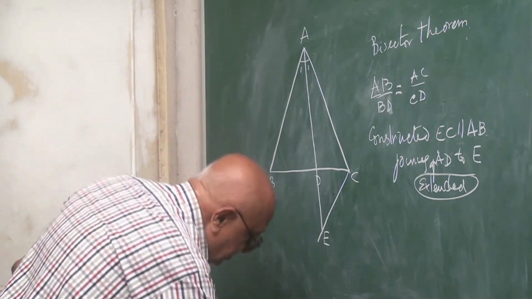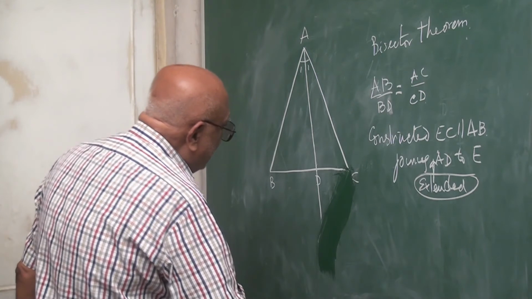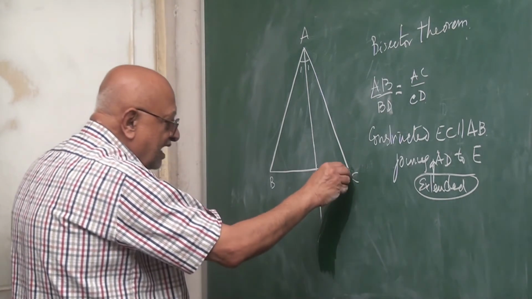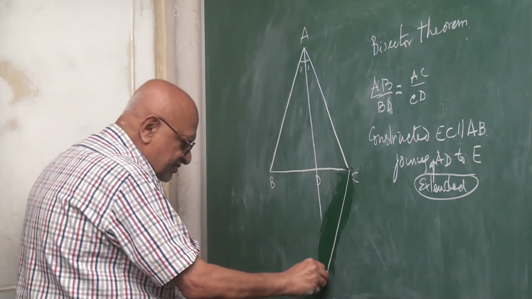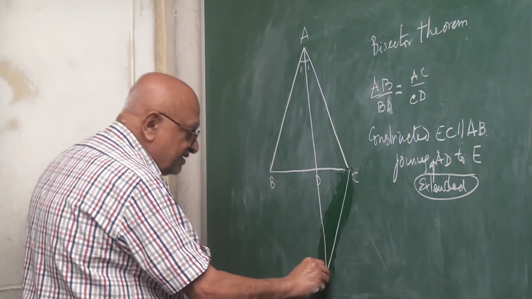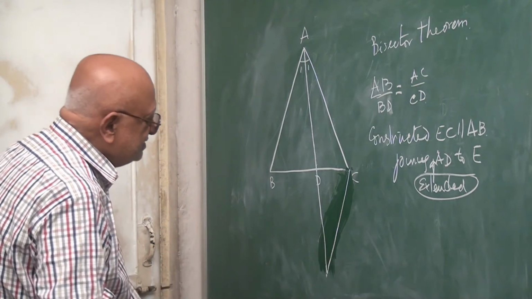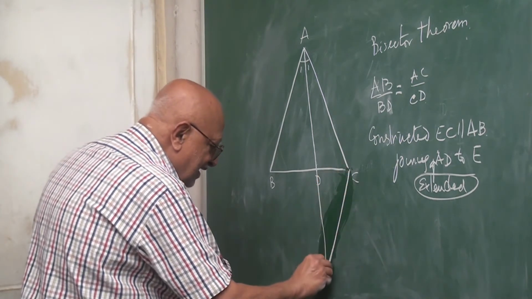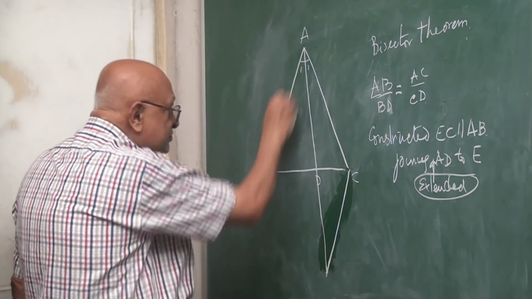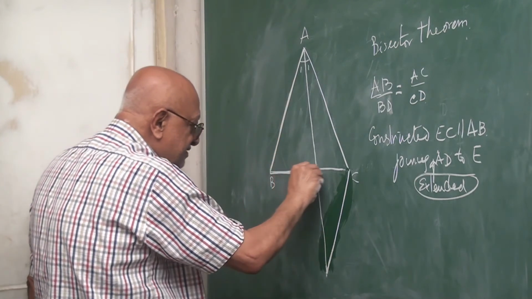In order for us to visualize, I will do it in such a way that it becomes really parallel. So I'll take it down a little bit. Okay. Now this sketch looks much better. So if you have this parallel and this one parallel, then this would be a transversal.